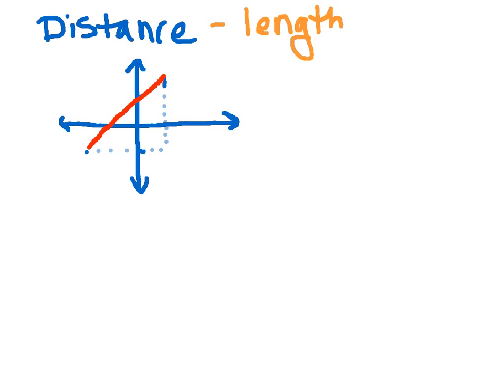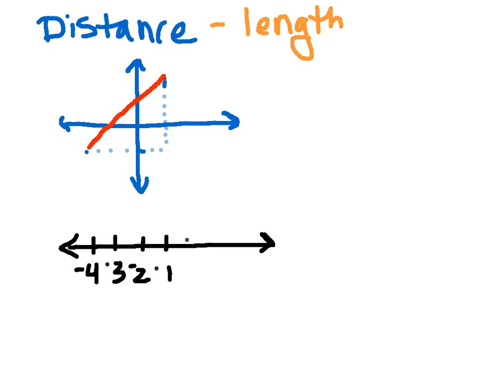Well, we don't always have segments on a coordinate grid. Sometimes we just have segments. And what I mean by that is, let's say we have just a number line. So here's our line, and this is our number line, and I'm just going to label it with a few values, as many as I can fit here in the line that I've drawn.